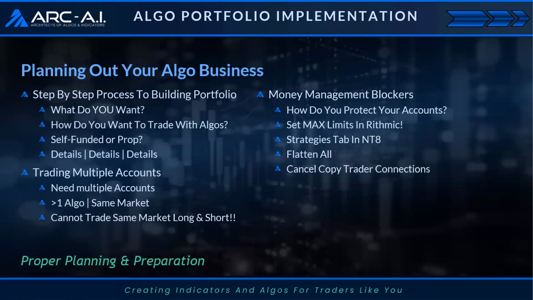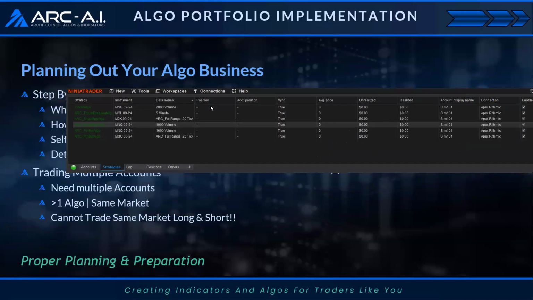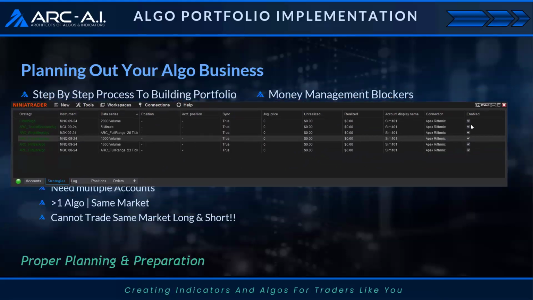Although, like we talked about, most prop firms will not let you trade long on one account and short on the other on the same instrument at the same time. So that's something you need to keep in mind. If you're in a trade on an instrument, like we talked about yesterday, you can go into the strategies tab and simply turn them off. So let's say I want to go by instrument.